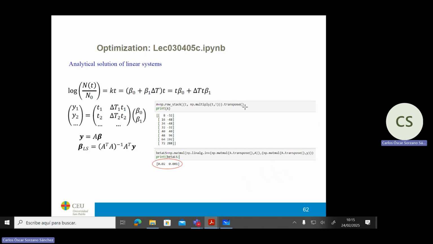It is A transpose times A, now you invert that matrix, times A transpose times Y. So you simply do the calculations. Here we have the code for the calculation, and then you have exactly the solution. It is affected by noise, but everyone is affected by noise, so no problem with that.